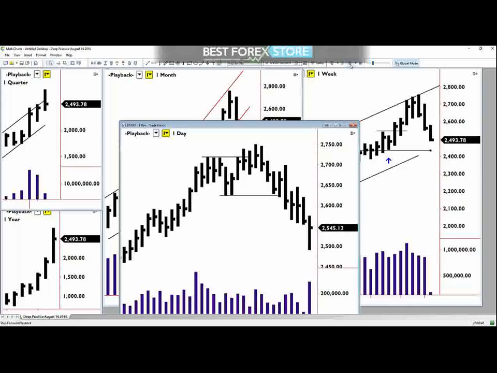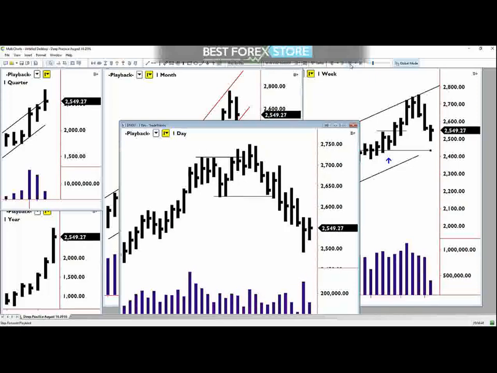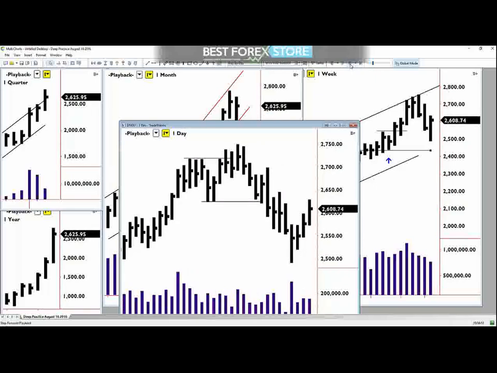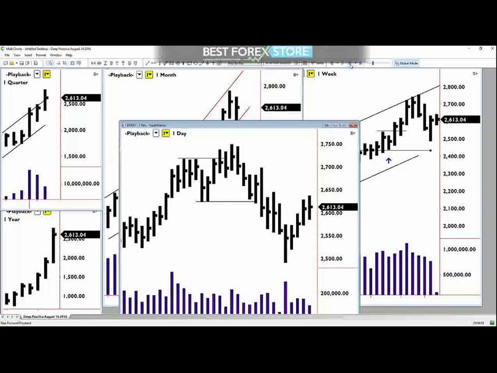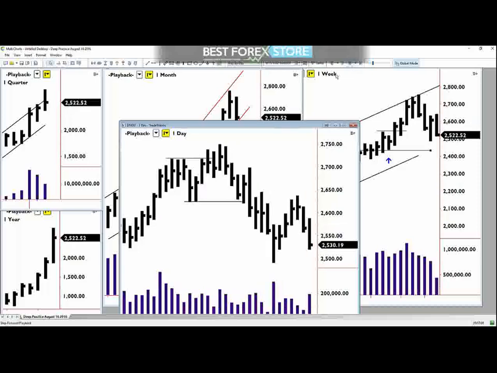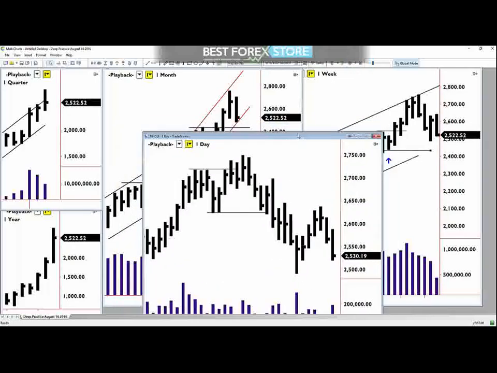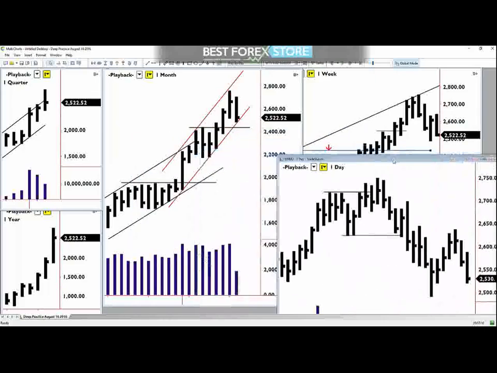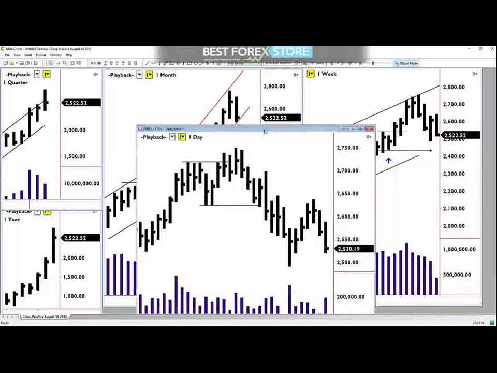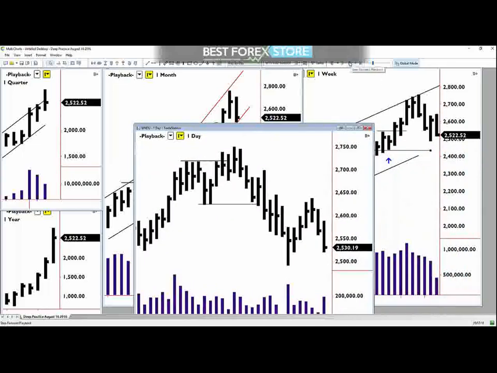And what do we notice here? So here we are at the monthly, just at that level. Is it going to hold in there and then pop off?